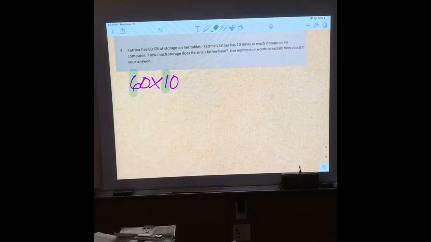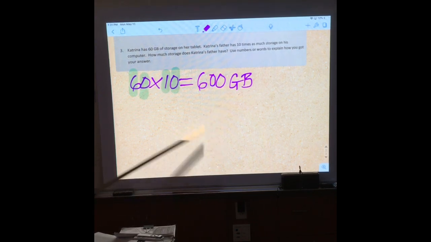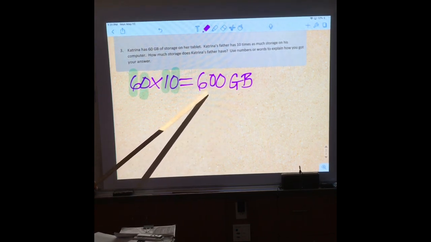1 times 6 is 6. And how many zeros do I have? I've got 1, 2 zeros. So Katrina's dad has 600 gigabytes for his computer. That's a lot.